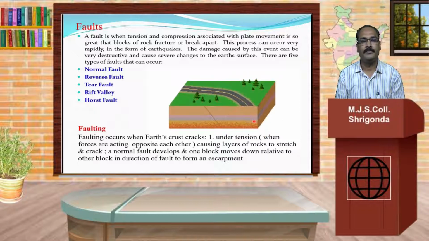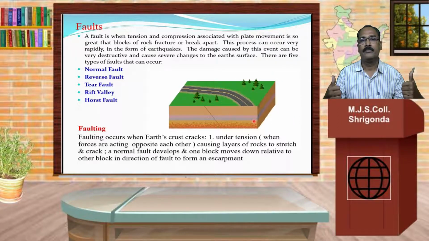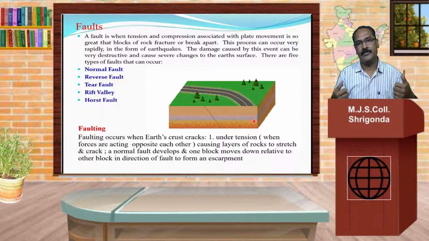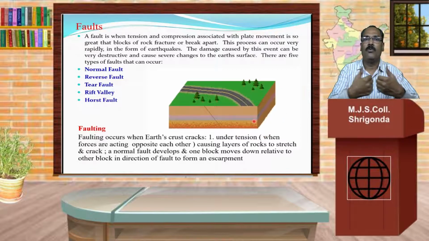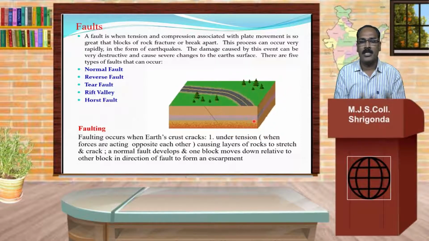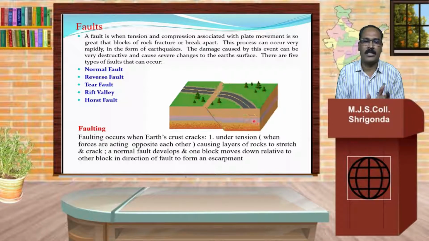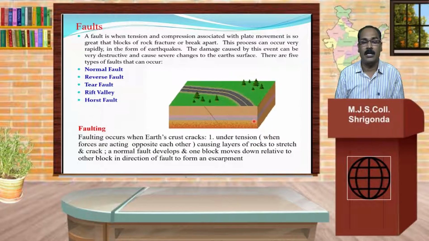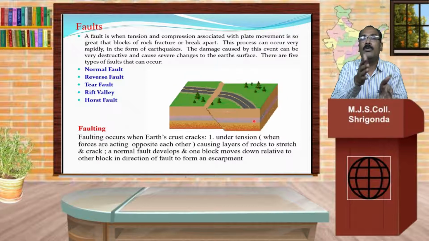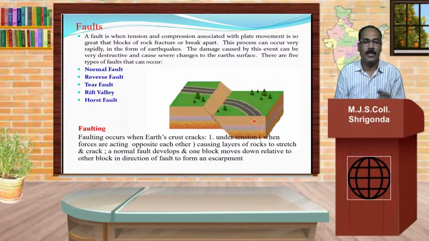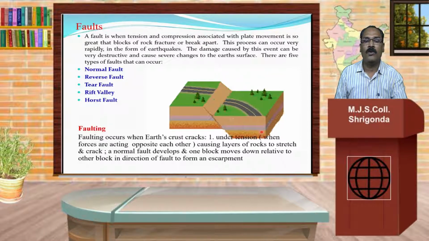Faulting occurs when the earth's crust cracks under tension. Tension is created. When forces act opposite each other, causing stress and cracks in the rock layers, normal faults develop and one block moves down relative to the other blocks, downward in the direction of the fault, to form escarpments.